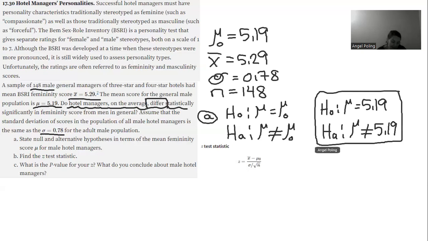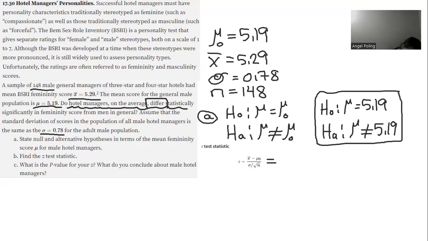And secondly, for B, they're asking for the z-test statistic, which we have the formula for here. So we're going to just use it. We have z equals x bar minus mu naught divided by sigma divided by root n.